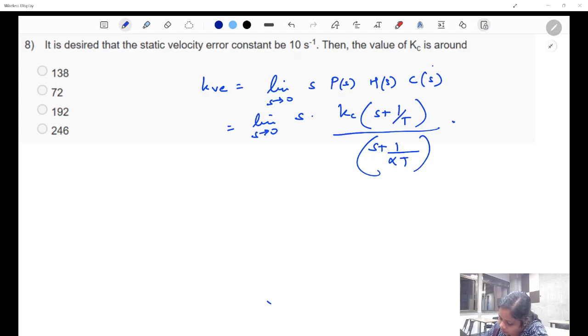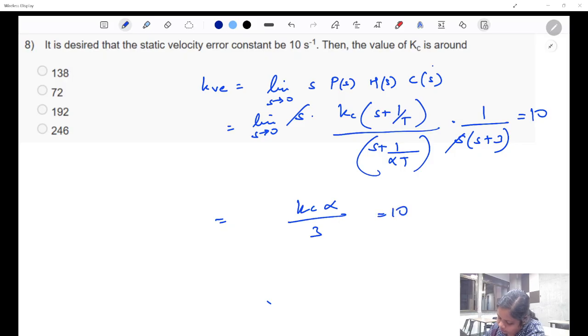Now, the plant transfer function is 1 upon s into (s plus 3), and this has to be equal to 10. So s cancels out, and as s tends to 0, we get Kc times alpha upon 3, equal to 10.